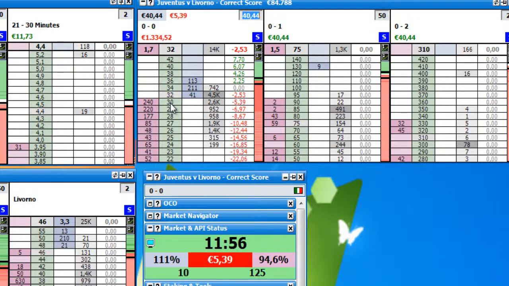But I will use this advantage now, and I'm waiting, and if a goal happens now, I will make here 40 euros, and this amount I already have won. So 11 euros I have now for sure, and if a goal happens, it would be brilliant in the next minutes that I can maximize my profit.